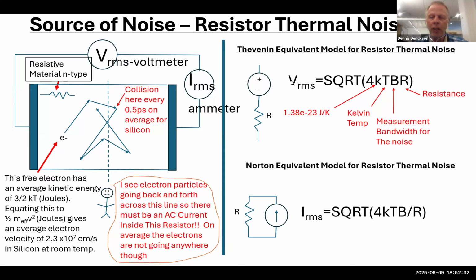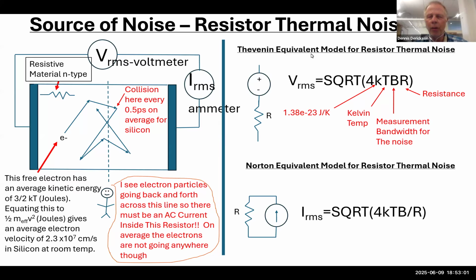And the value of that AC voltage source caused by thermal noise is the square root of 4 times k, 1.38 times 10 to the minus 23rd joules per Kelvin, times the Kelvin temperature. Let's use 290 degrees Kelvin for room temperature. Then the measurement bandwidth. So anytime we do a measurement, we don't have infinite bandwidth. So we always have to know what bandwidth that measurement is done in. And then the resistance.